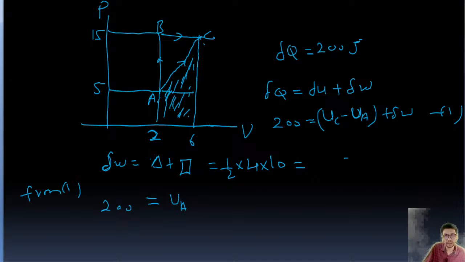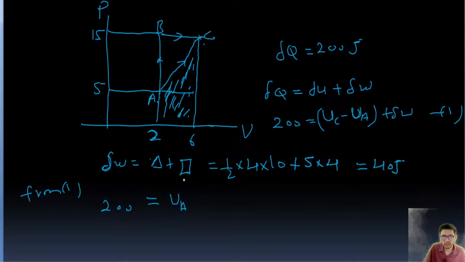The area of the rectangle is simple: this height, 5, into this width, 4, that is going to be 20, so 20 plus 20, that is 40 joule, right?